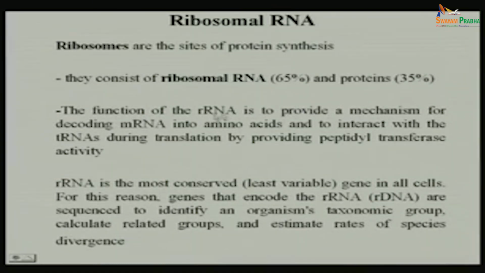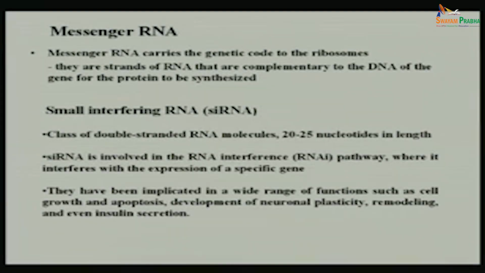The function of rRNA is to provide a mechanism for decoding mRNA into amino acids, and it interacts with the tRNA during translation by providing peptidyl transferase activity. rRNA is the most conserved, and that is the reason why nowadays we rely upon rRNA data for identification of any unknown species. So, this is the most important part of rRNA.